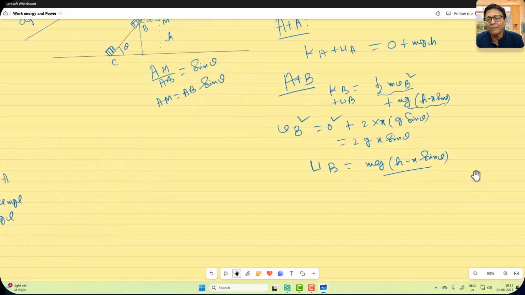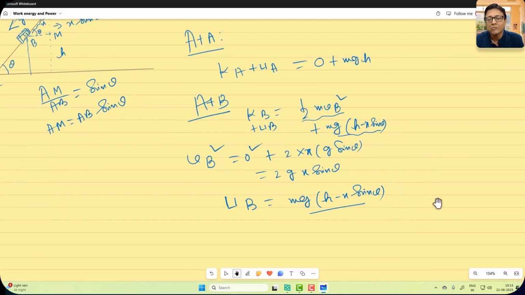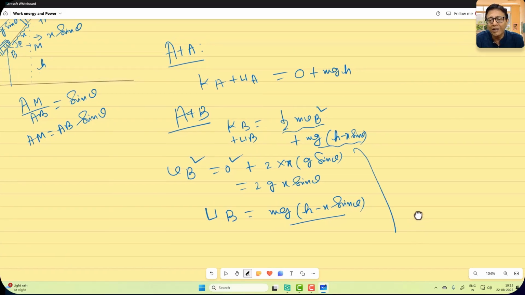Because you got Vb square there, this will be half m Vb square plus mg into h minus mg x sin theta.